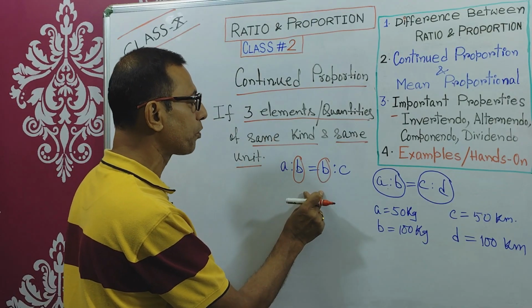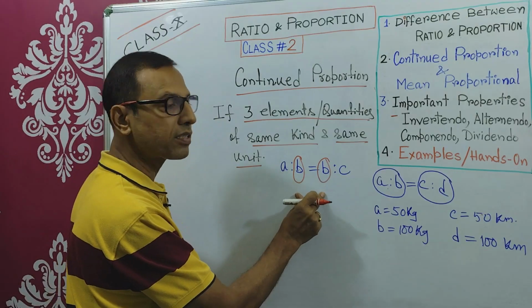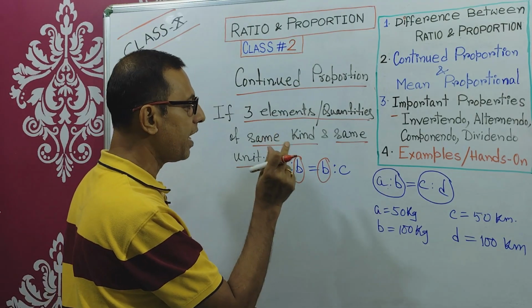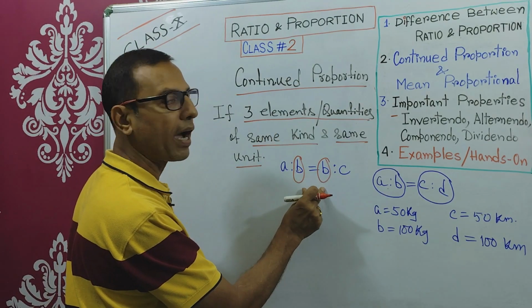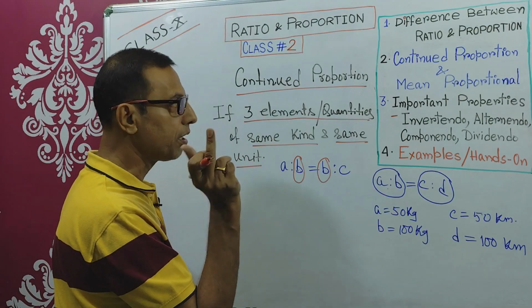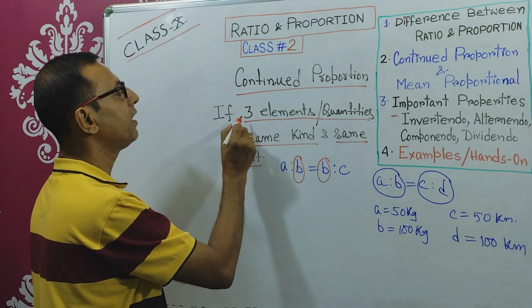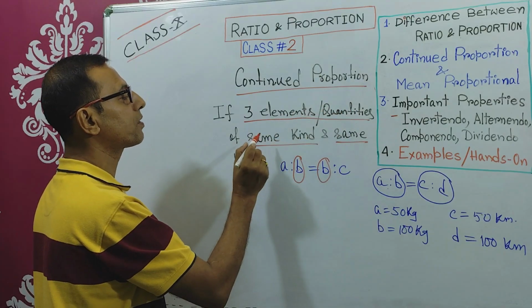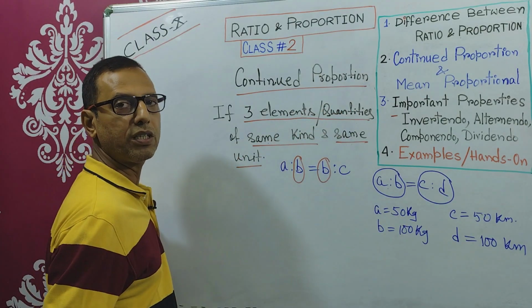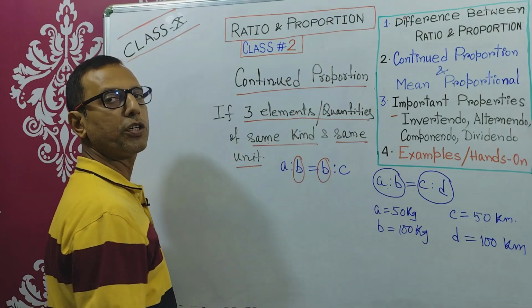In continued proportion, all three elements have to have the same kind and same unit. Remember, that is why it is said that if three elements or quantities of the same kind and same unit are in a proportion, it is called continued proportion.